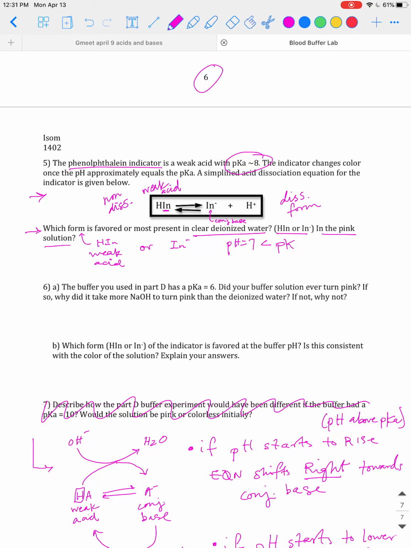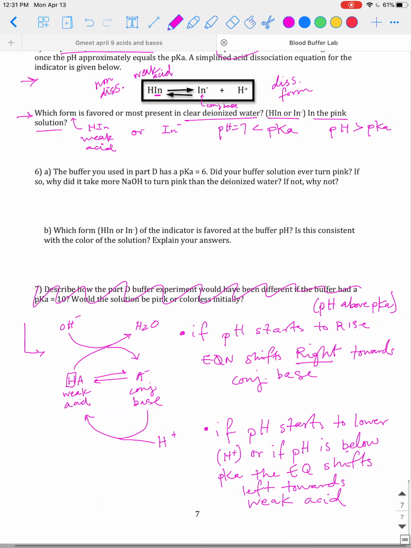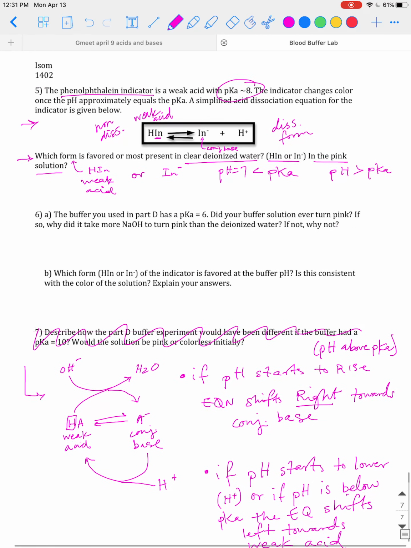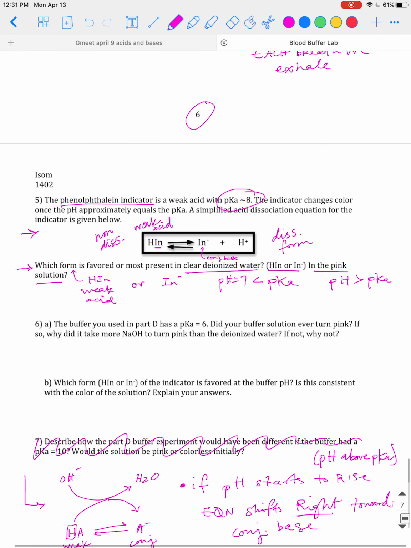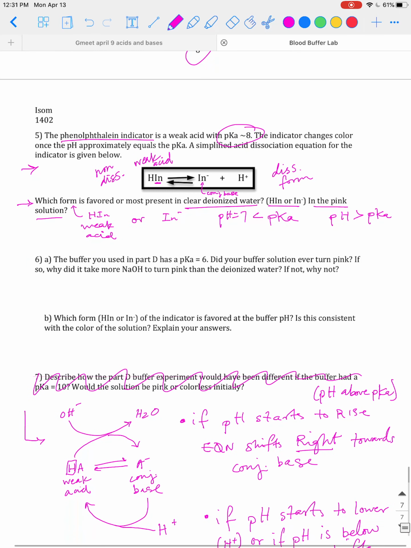In clear deionized water, pH of 7 is less than the pKa. In the pink solution, I'll give you a hint, the pH is greater than the pKa. That's why things change color. So now come back down here and think about what we talked through in this diagram.